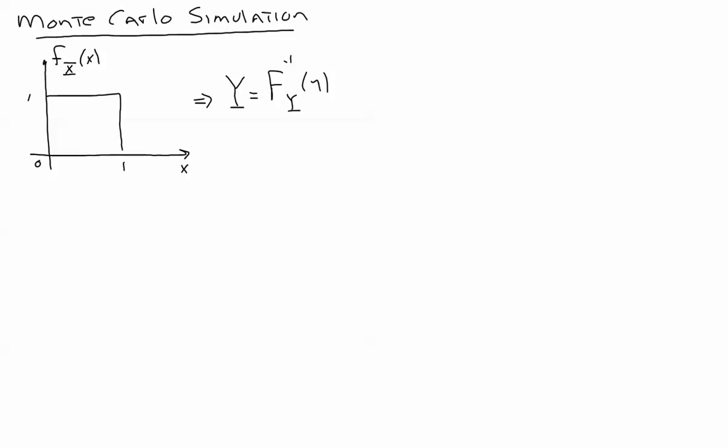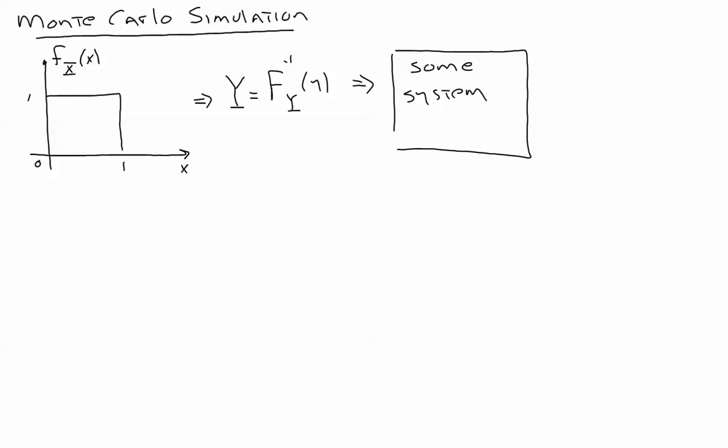And I'm going to apply that to some system. And that system is going to be described by some function. And I'm going to have an output, let's call this z, which will be a function of input y. Does that make sense?